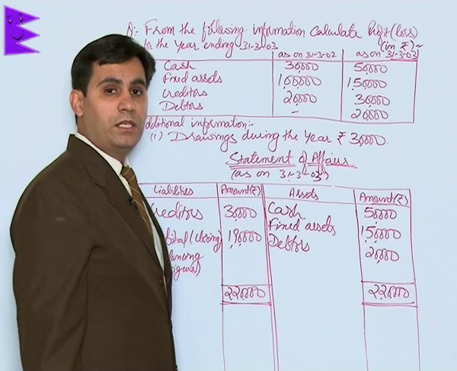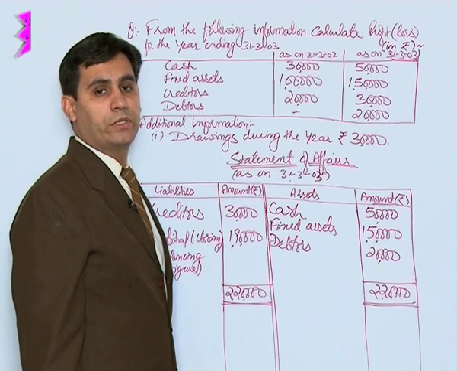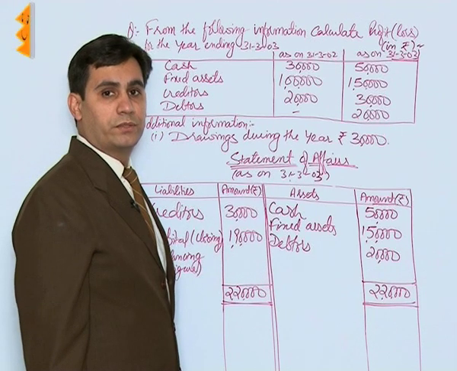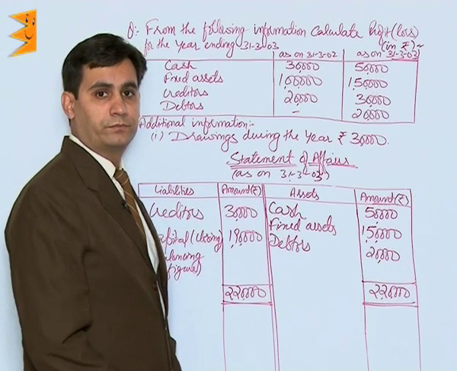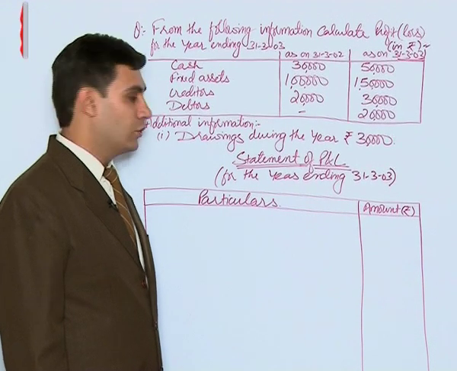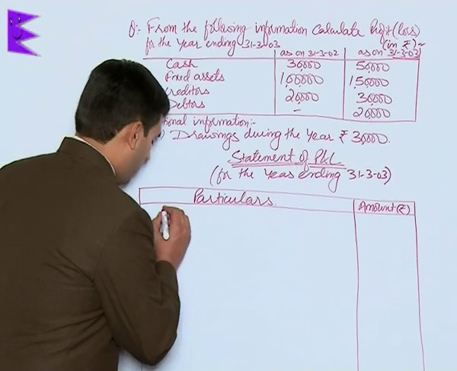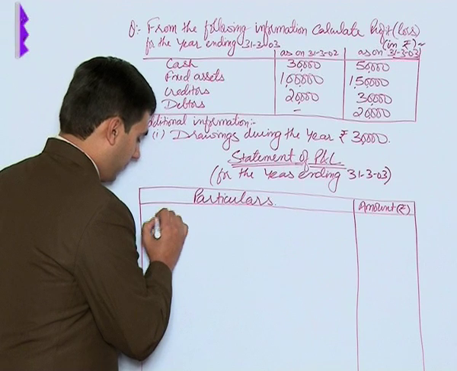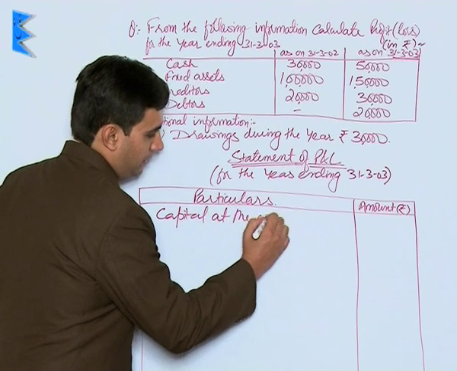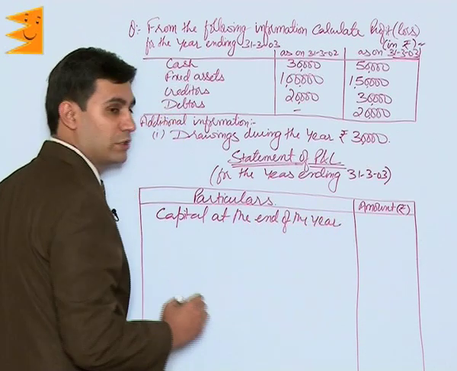So the next step would be to prepare statement of profit and loss to calculate the profit earned during the year. So now coming to statement of profit and loss. First entry that we'll make here is capital at the end of the year, or we can write it as closing capital.